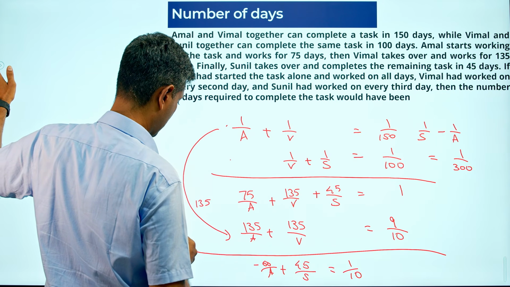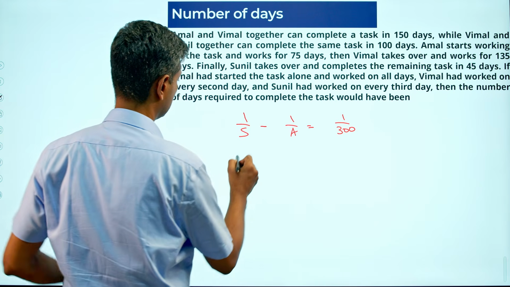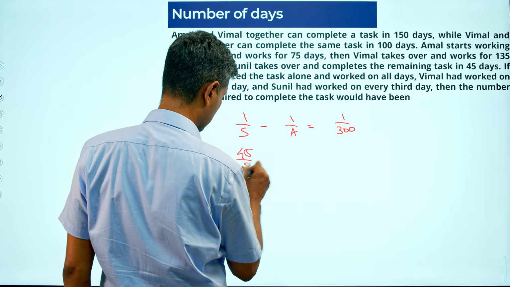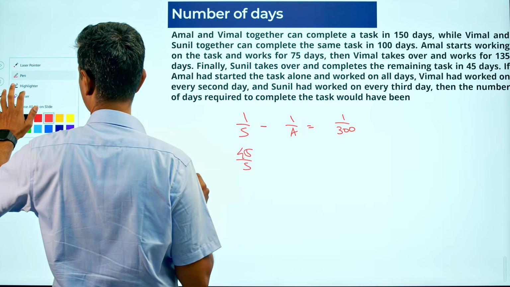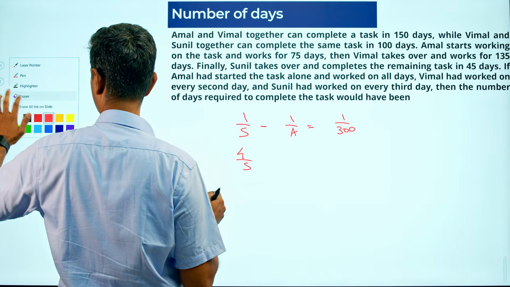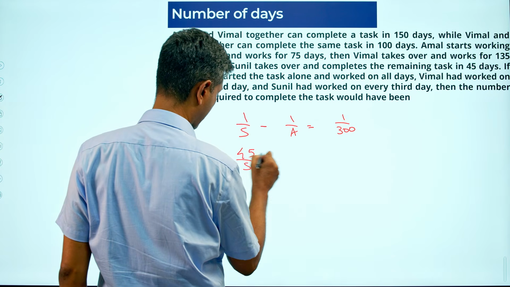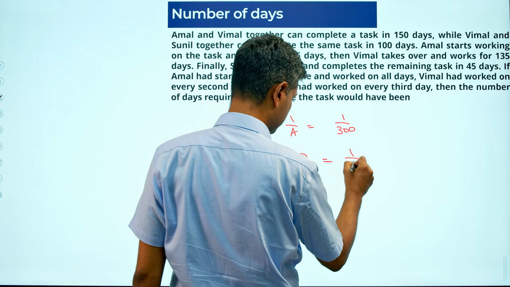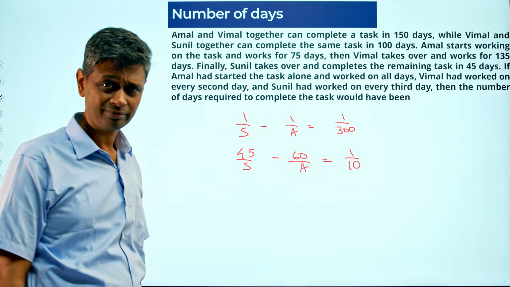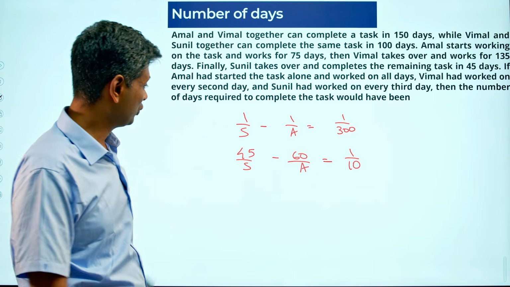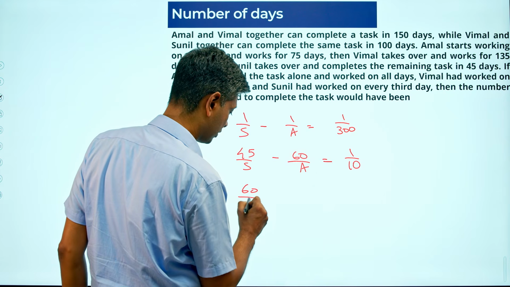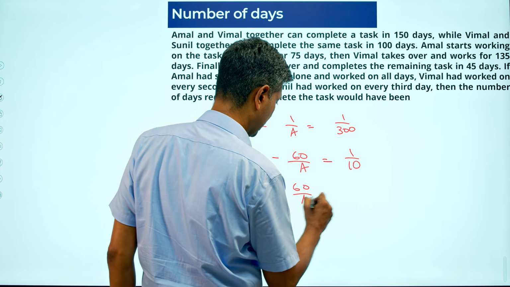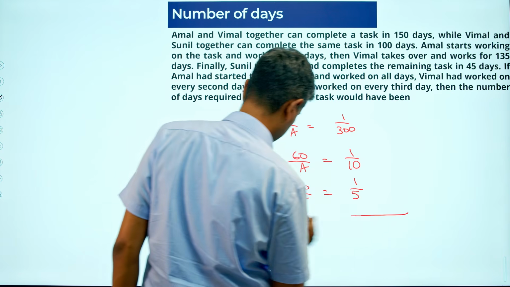Minus 60 by A plus 45 by S. 45 by S minus 60 by A is equal to 1 by 10. Maybe we'll multiply this by 60. 60 by S minus 60 by A is 1 by 5.